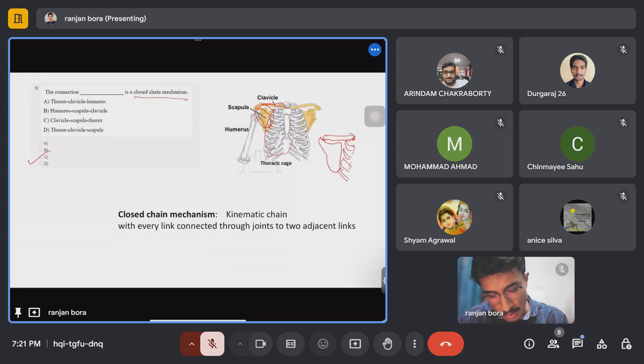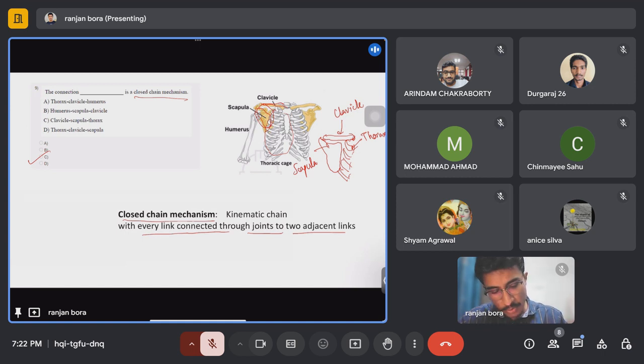So you can see this clavicle is connected to both scapula and thorax. This is thorax, clavicle, scapula.